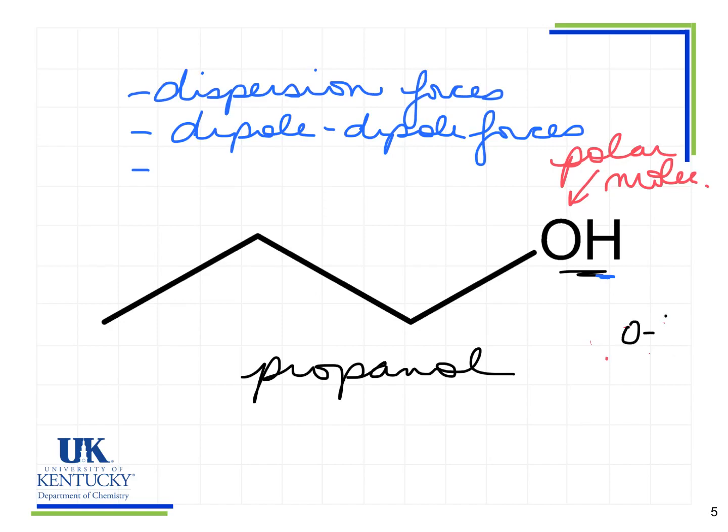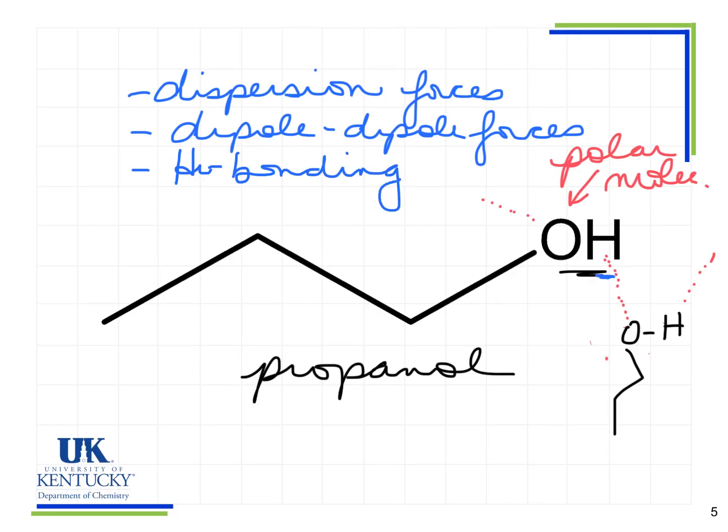So if we have this propanol molecule, what we see is we're going to have an attraction between our hydrogen here and our oxygen there. Now this hydrogen could be attracted to another oxygen and so on and so forth, and there could be a hydrogen attracted here. All these different ways these molecules can interact with one another. But the key definition here: hydrogen attached to a fluorine, oxygen, or nitrogen and attracted to the fluorine, oxygen, or nitrogen on a neighboring molecule. So we meet the definition, so we know we have hydrogen bonding.